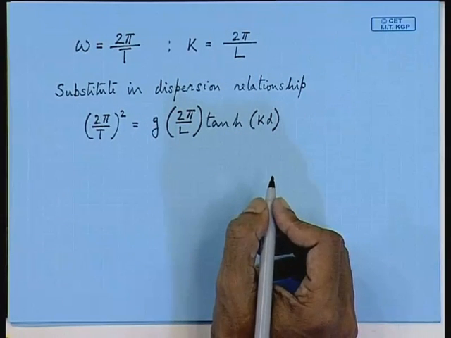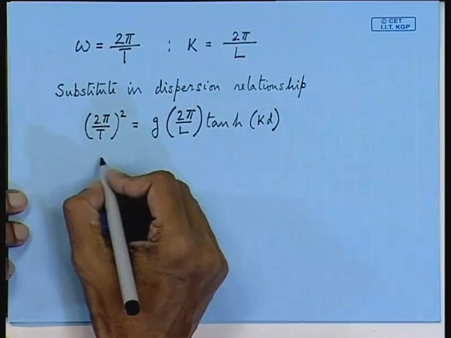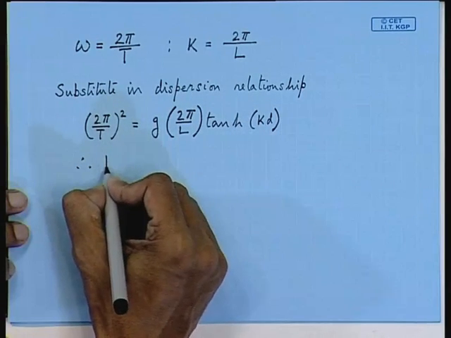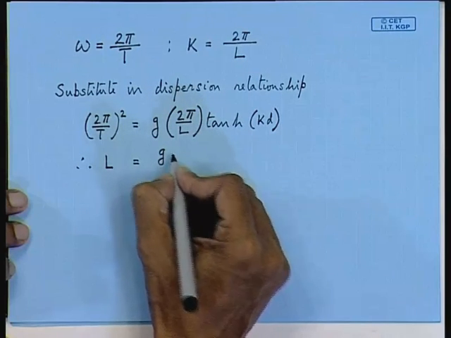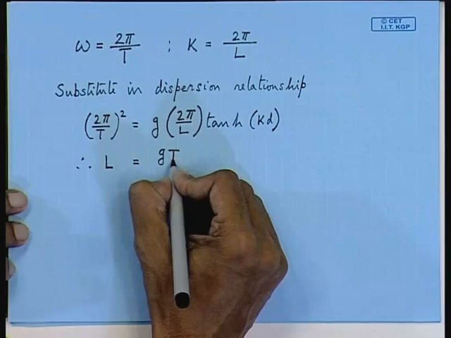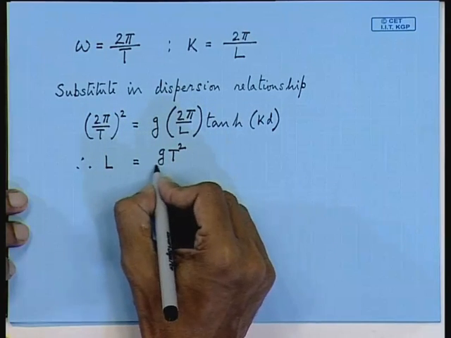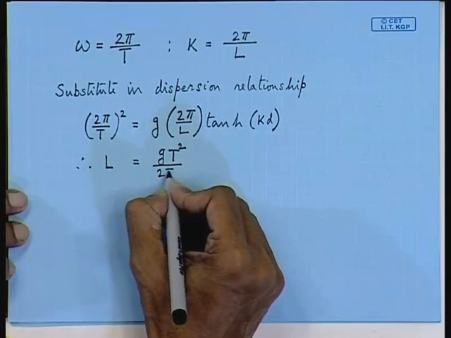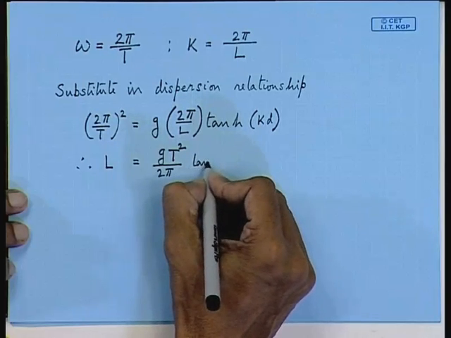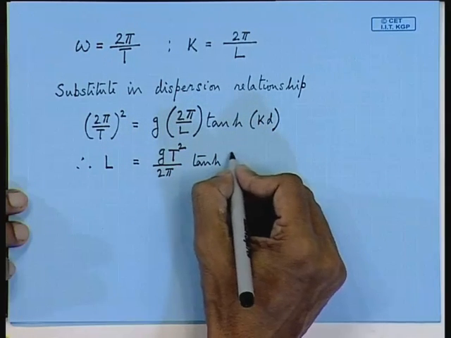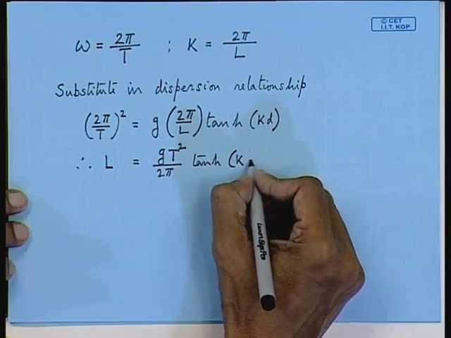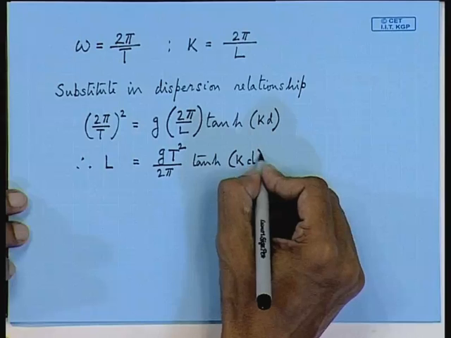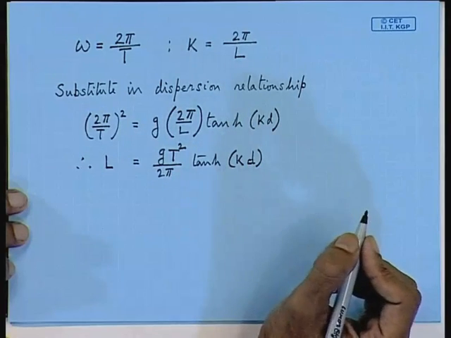So from this equation we are getting the relationship between the wavelength, given by L, and on the right hand side the time period of the wave. So that is gT square over 2 pi tan hyperbolic kd.